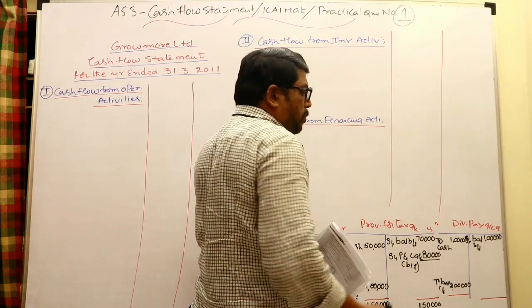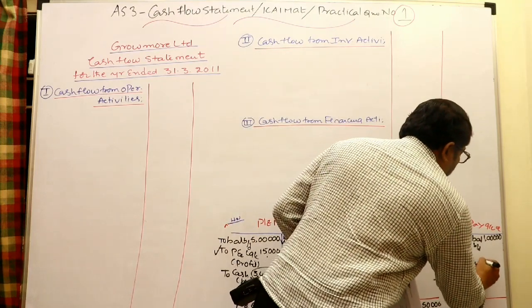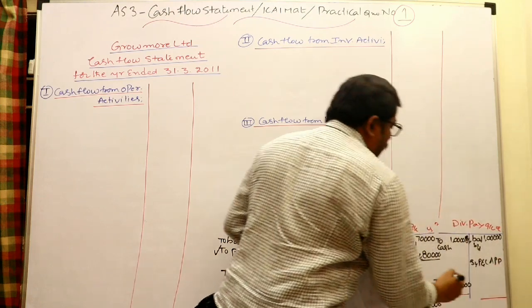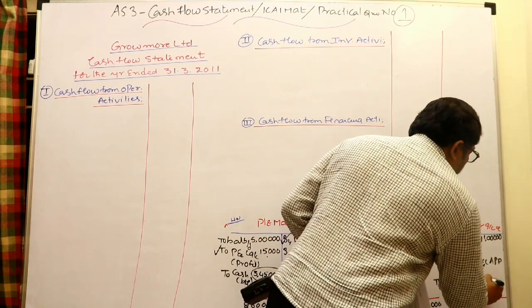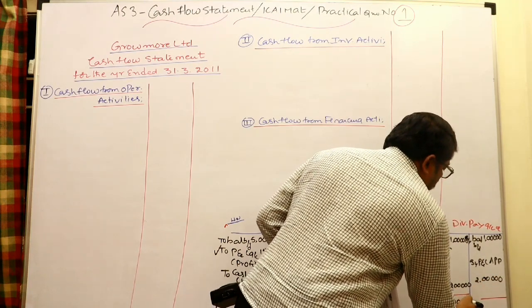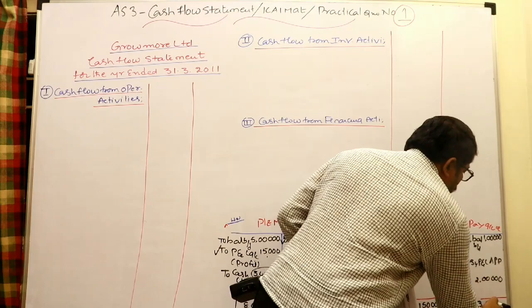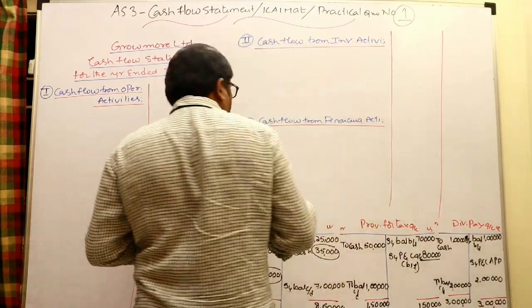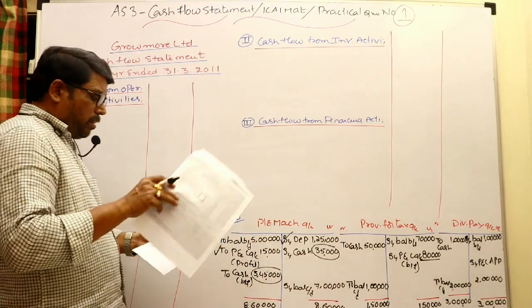The current year amount is appropriated by P&L appropriation, by P&L appropriation 2 lakhs. Total 3 lakhs. Unless otherwise separately stated, we assume last year's is paid and current year's is simply appropriated. That's all, and that is the way you can work it out.